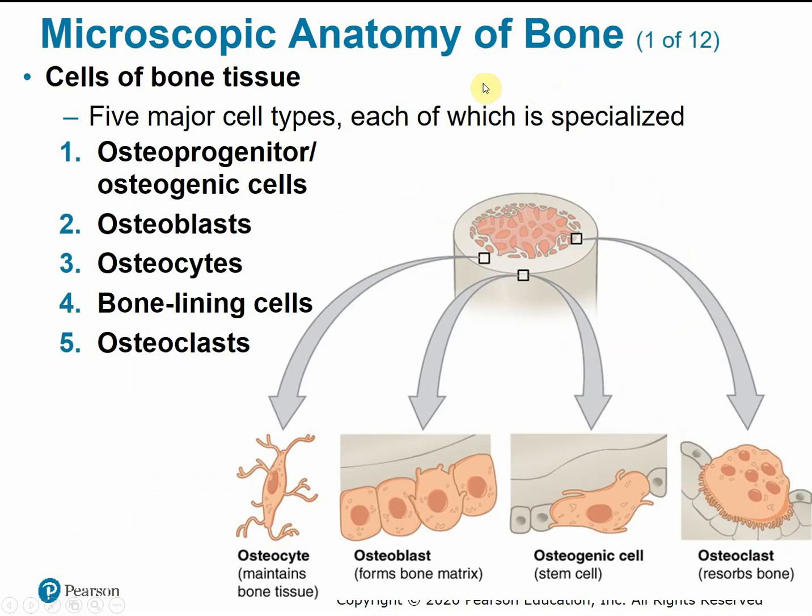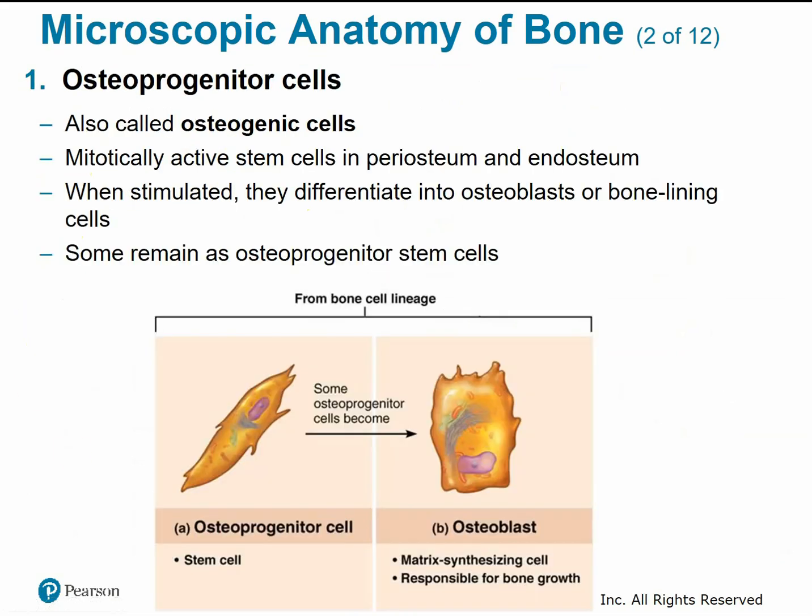So getting into the microscopic anatomy of bone tissue, there are 5 major cell types that we see in osseous bone tissue, each of which has its own specialized role and function. So we have osteoprogenitor or osteogenic stem cells, osteoblasts, osteocytes, bone lining cells, and osteoclasts.